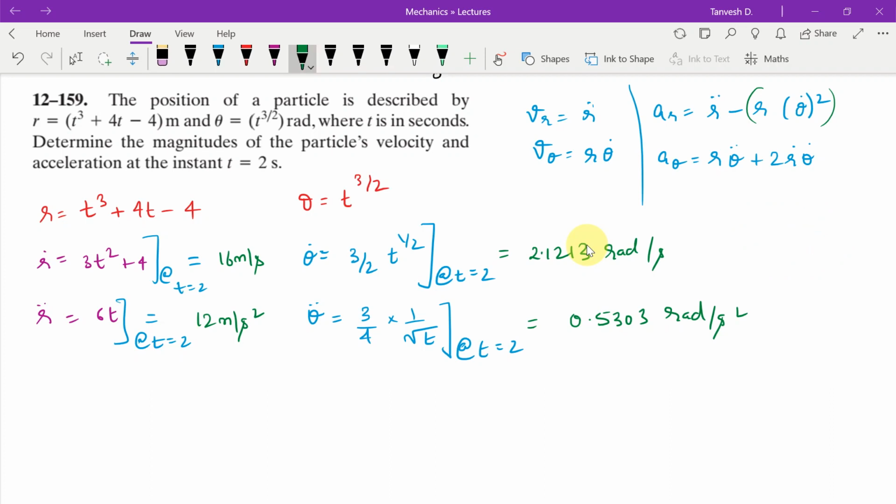Now, we also need the value of only r, right? So r is actually t cube plus 4t minus 4. So r is equal to, when you put 2 here, let us calculate how much is that. So 12 meters, you will get that.